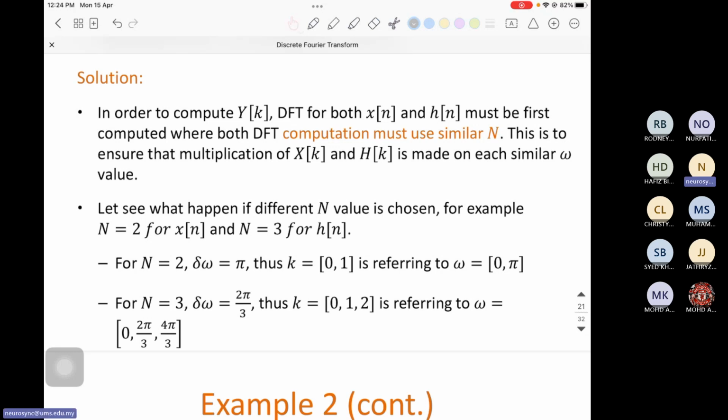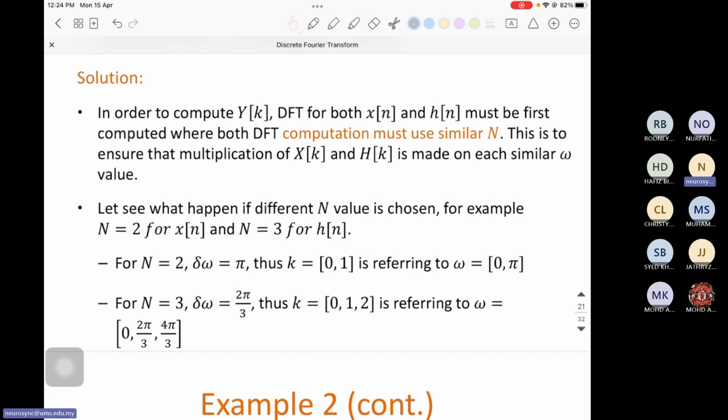If you choose n equal to 2 for x of n, then delta omega is pi here. Delta omega is 2 pi by n, that is 2 pi by 2. So this is pi. So k will vary from 0 to 1, and this refers to omega 0 to pi.